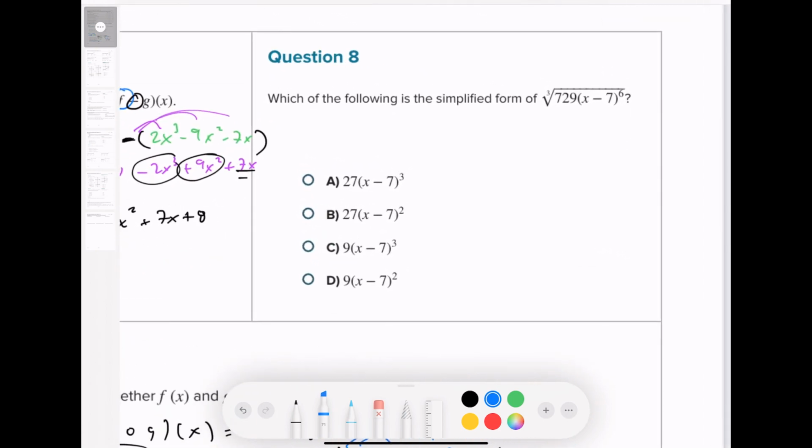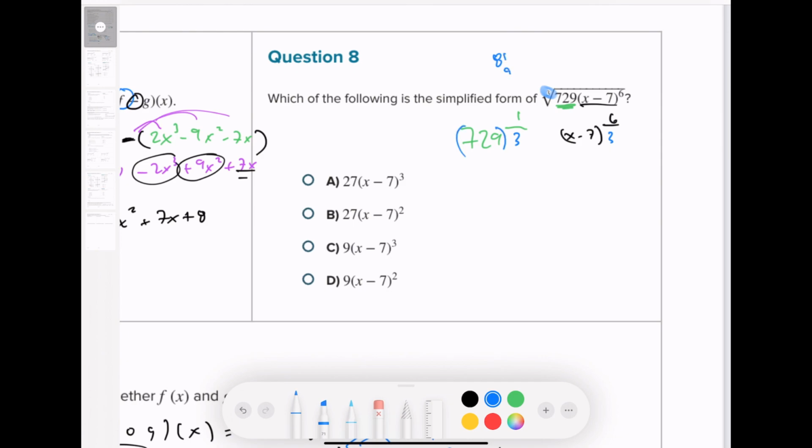Question number 8, which of the following is a simplified form of that? Remember, the 3 is going to become the denominator. 729 is to the 1/3, and then x minus 7 to the 6th power. Okay, so if I break down 729, I believe that's 81 times 9.